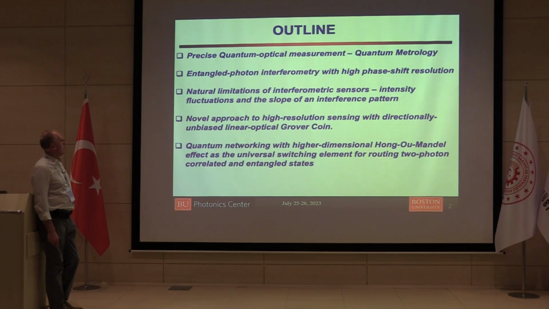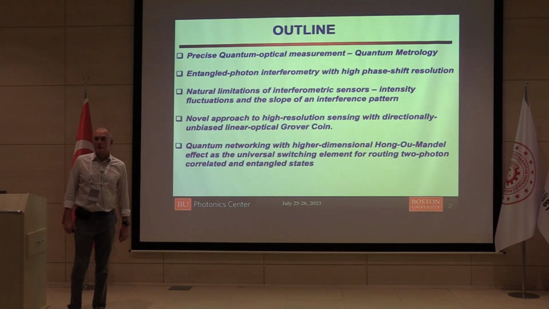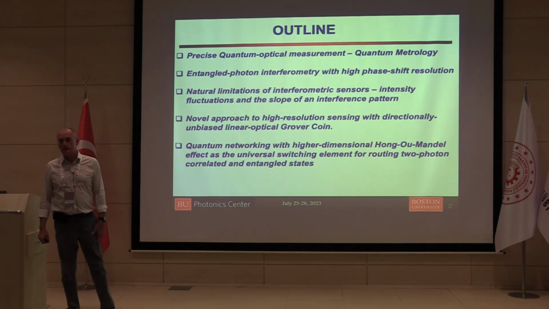Well, then we can talk about interference, which is one of the basic tools of metrology, of measurement, right? Interferometric measurements, because it allows you to measure phase shifts very accurately.